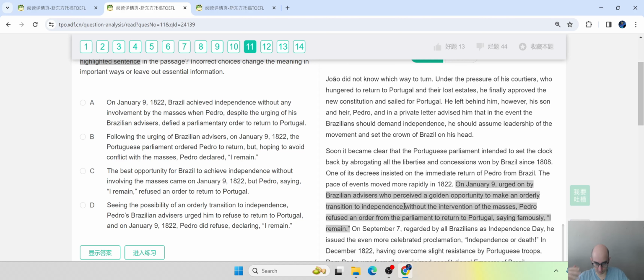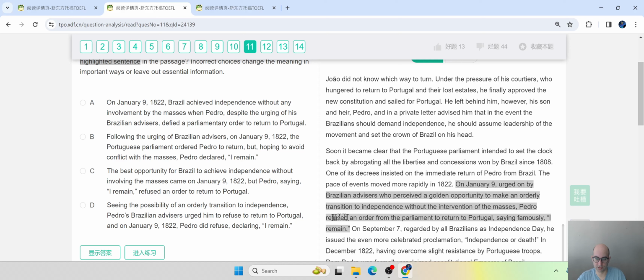Okay, so they want some kind of independence, probably for a country, I'm assuming Brazil here, based on this context, without the intervention of the masses, so without support from Brazilian people. Pedro, probably a leader, right? If you read this, you would know who he was.